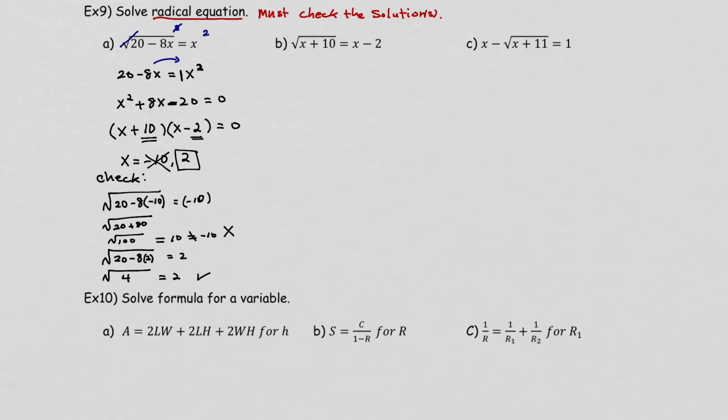And you can see obviously why I said that you need to check your solution. You must check the solution in radical equations because usually one works and one doesn't work. Sometimes both work, sometimes both do not work. So you need to make sure you check the solutions.